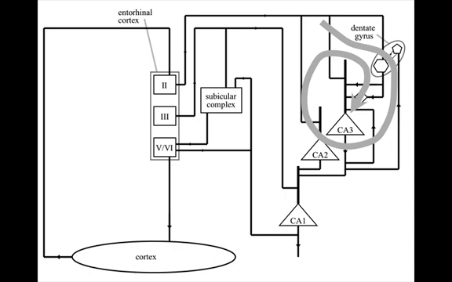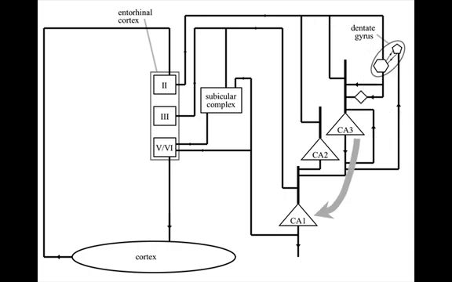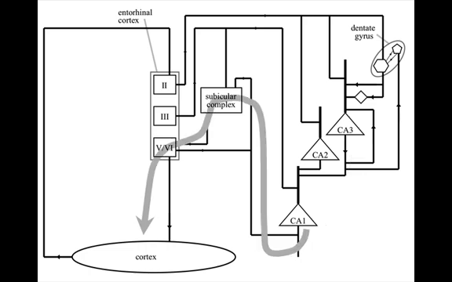There's this massive competitive feedback within those 2 structures that selects the best targets for receptive field expansion. Once the competition is complete, the selections are passed to CA1. And in CA1, the selections are very large groups of cortical columns across wide regions of the cortex that are appropriate for receptive field expansion.